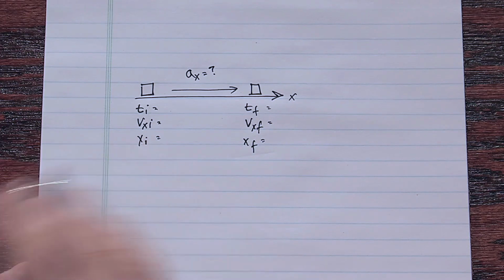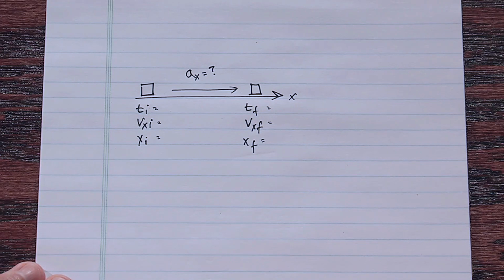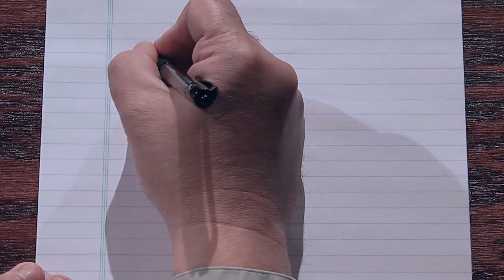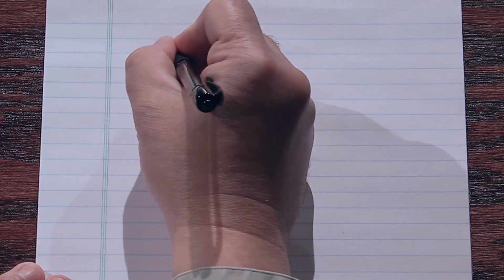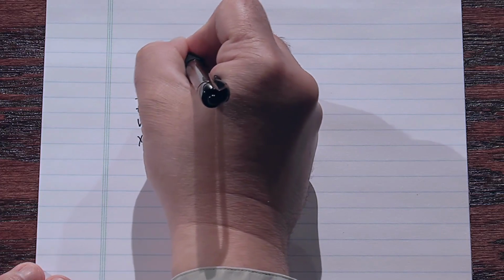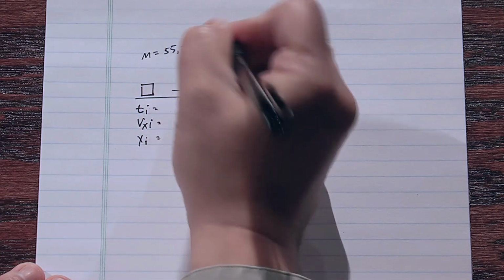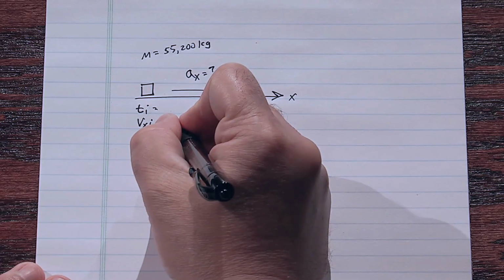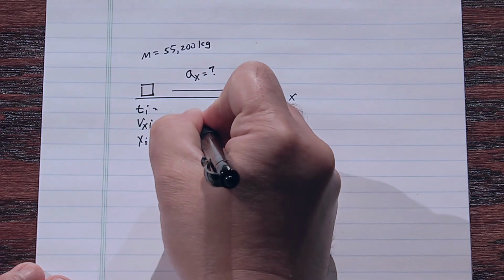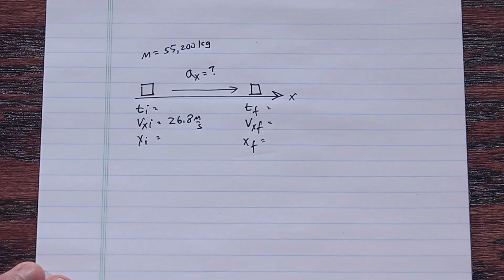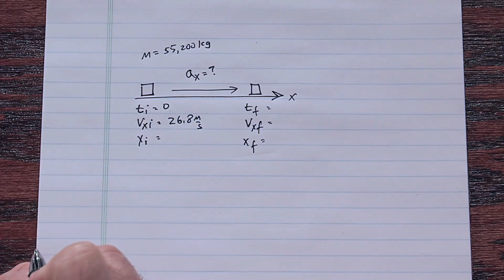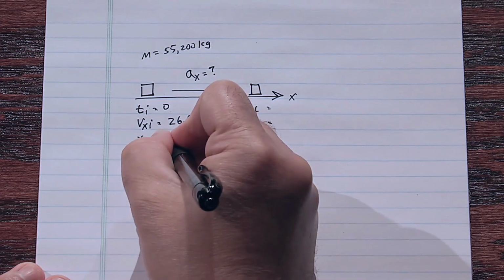What do we know? What can we identify from the statement? Well, we know that the train has a mass of 55,200 kilograms, and it's traveling at 26.8 meters per second. That's going to be Vx initial. We can call our initial time 0, and we can also call our initial position 0.